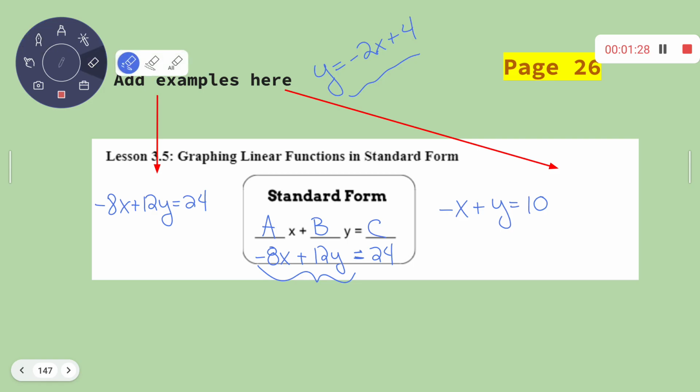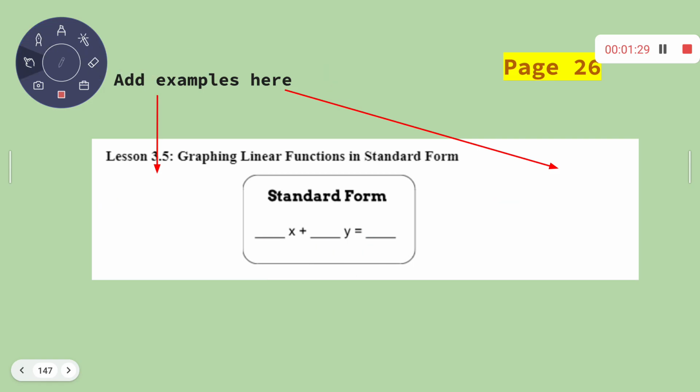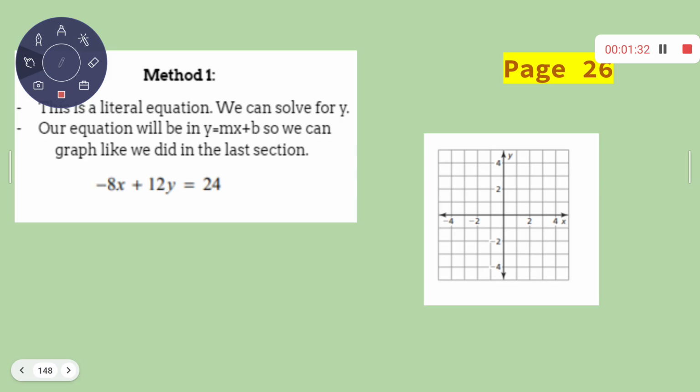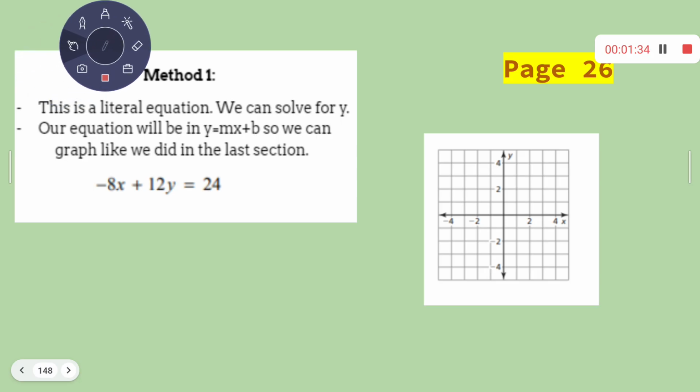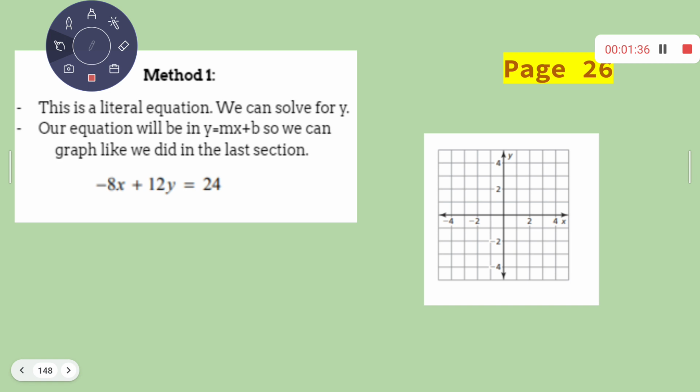Now, when we're in standard form, there's different strategies we can use for graphing. So in your notes, we split it up into method 1 and method 2. The first method, which we're calling method 1, says this is a literal equation. Remember back in chapter 1 when we took equations and it said solve the literal equation for y. And I said, well, that's just a rearrangement.